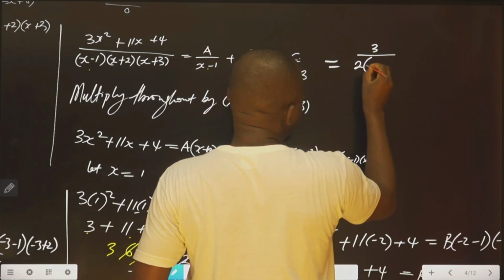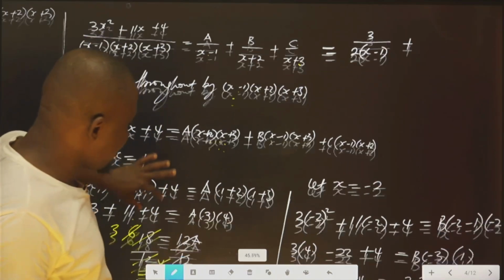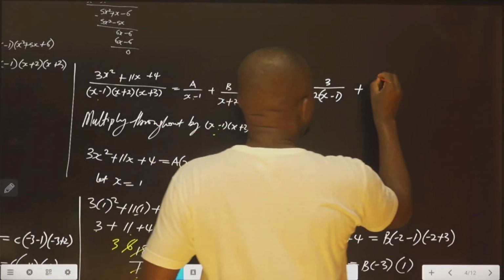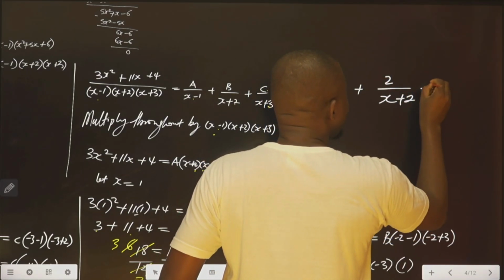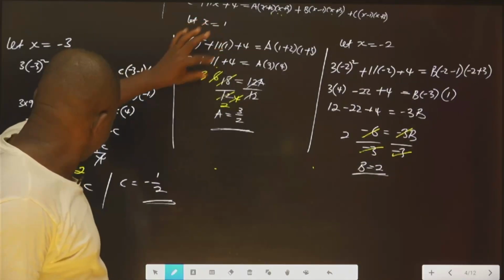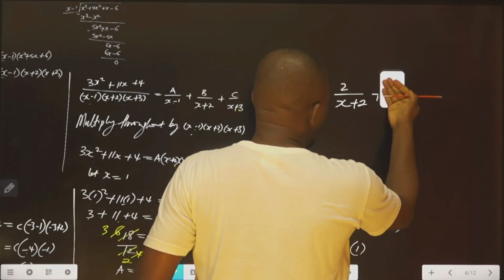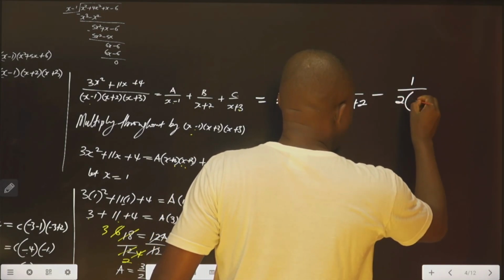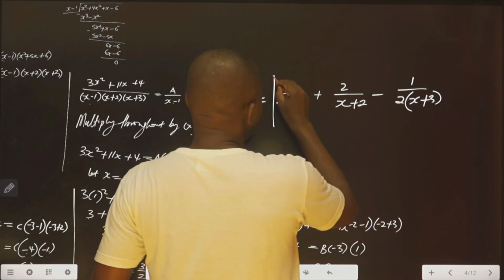Then we put this remaining one, plus b. b is what? 2. So simply put 2 here over s plus 2. For c is minus 1 over 2. It means therefore this should be minus 1 over 2, s plus 3. So this is the final answer.